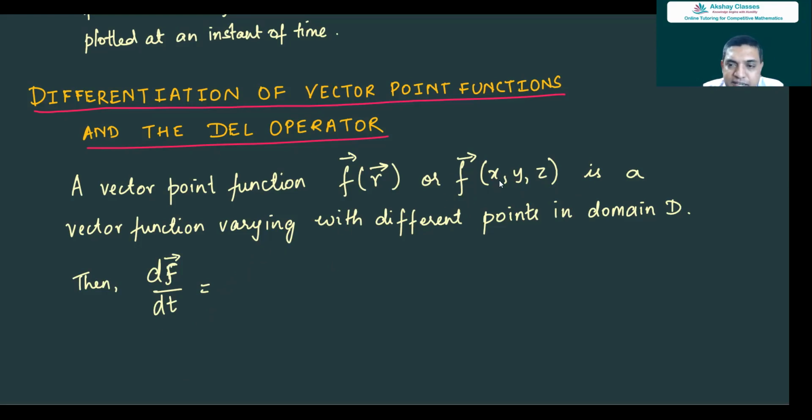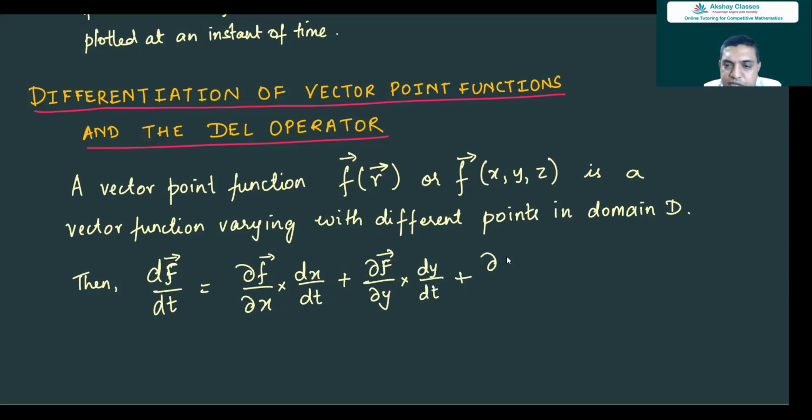Because this function varies with x, y, and z, this will be the partial derivative of F with respect to x multiplied by dx by dt, plus the partial derivative of F with respect to y multiplied by dy by dt, plus the partial derivative of F with respect to z multiplied by dz by dt.